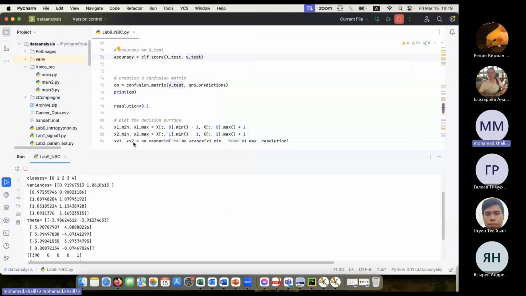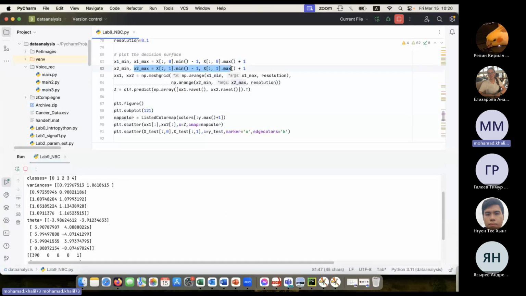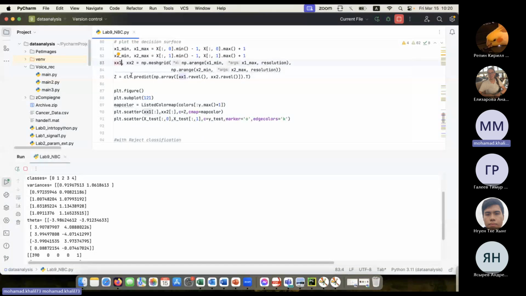Remember that I want to create the grid. I create the grid, and I predict all the mesh grid. I predict all the grid. And I will take this one, the same color.